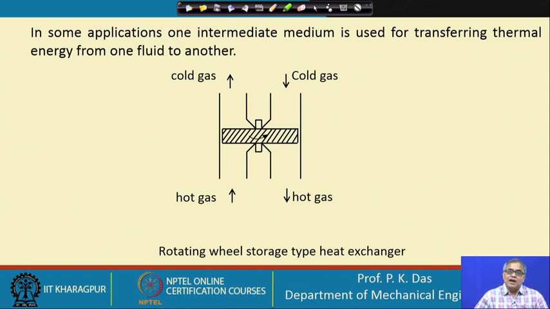From one fluid, thermal energy or heat will get stored in some intermediate medium. This intermediate medium could be a solid, or a circulating fluid, and the solid could be stationary or moving depending upon design. We can also have a substance which is changing its phase as the intermediate medium.